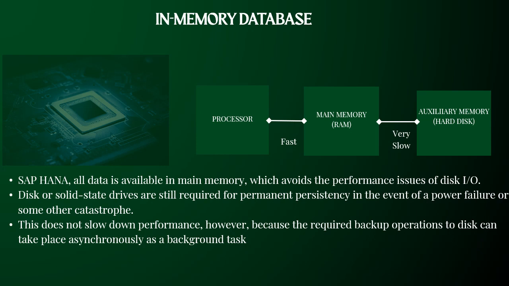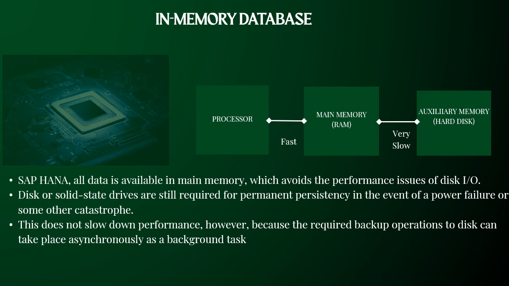So in-memory database. Let's try to understand through normal processing what happens. In any normal operations in a computer or laptop, three things are involved. The first one is the processor, the second is main memory, which is nothing but the RAM, and the third one is auxiliary memory, which is nothing but the hard disk.